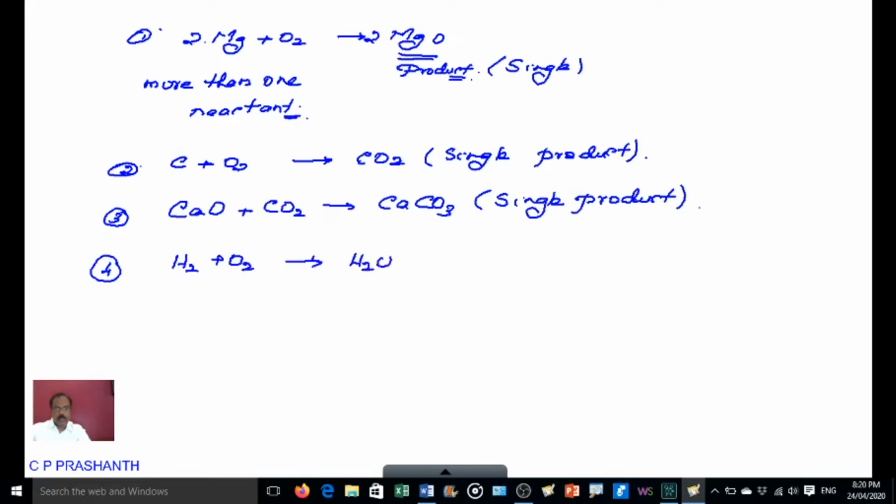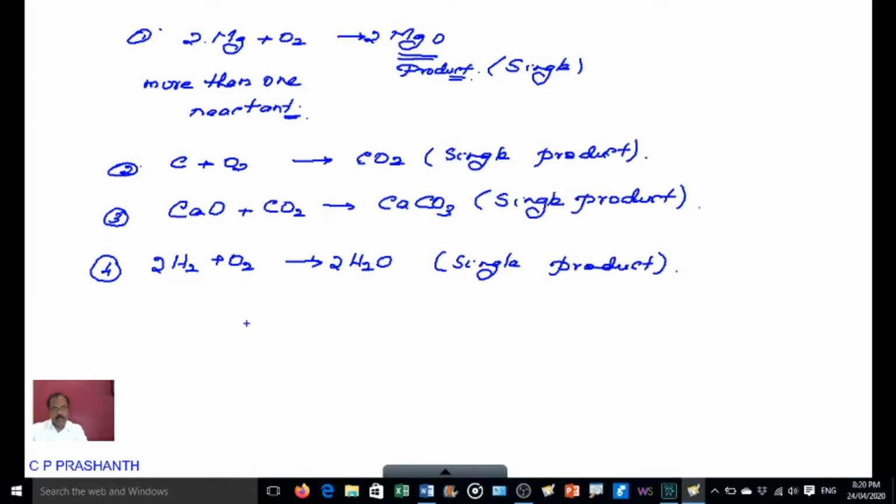Same way hydrogen reacts with oxygen to produce water. Let us balance the equation. 2H2 plus O2 gives 2H2O. Here again you have a single product which is water from two different reactants which are hydrogen and oxygen.